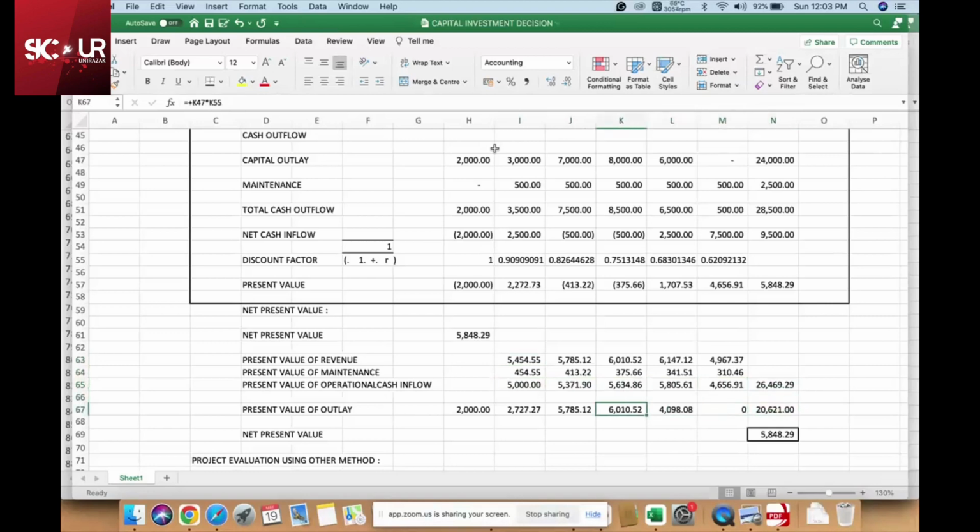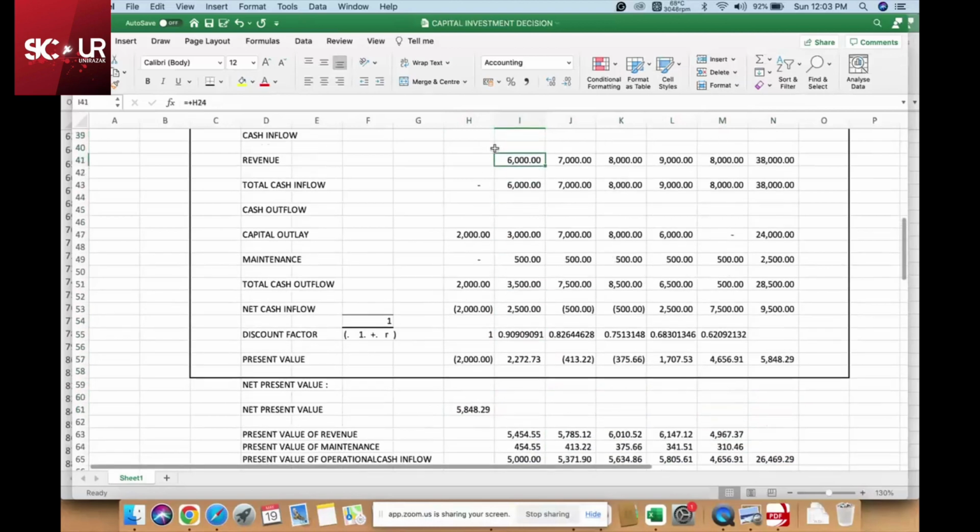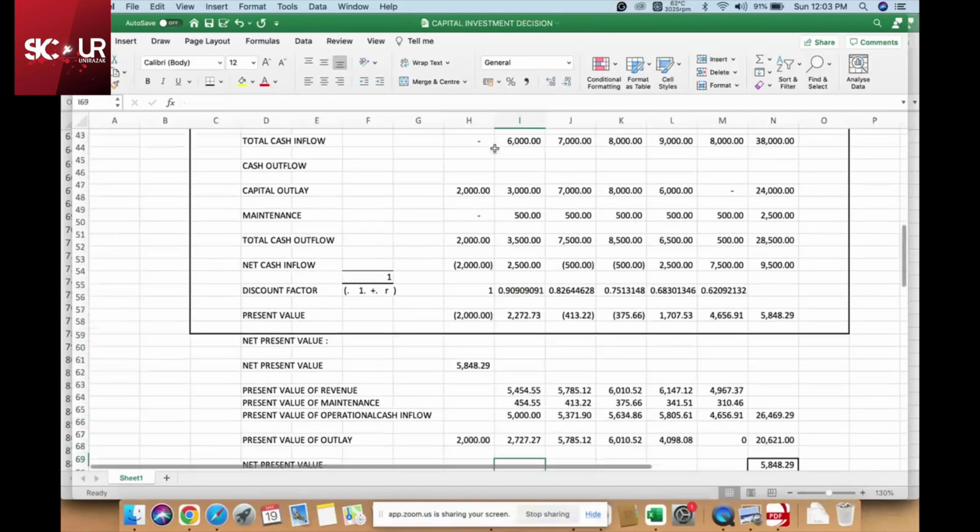Then we now take the present value also of the capital investment, the capital outlay here. For year 0, we don't have to discount because the discount factor is 1. For year 1 it is 3,000 multiplied by 0.909.